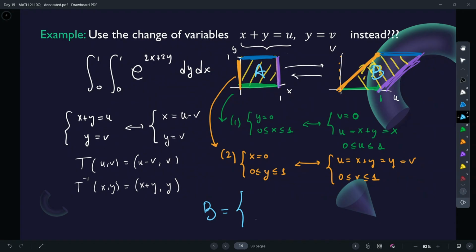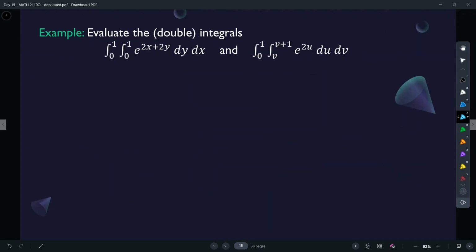So this one is better described as a region that goes in V between 0 and 1, and then U goes from V to this line right here. That is U equals V, but this line right here is U equals V plus 1. So U is going from V to V plus 1. So what this is telling me is that if I was going to do this change of variables, then the integrals would have to change accordingly.